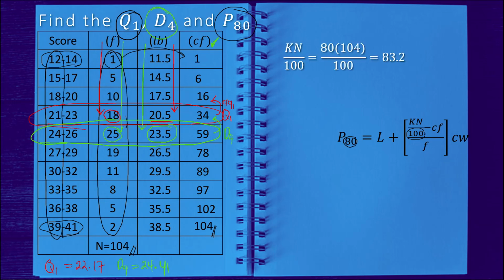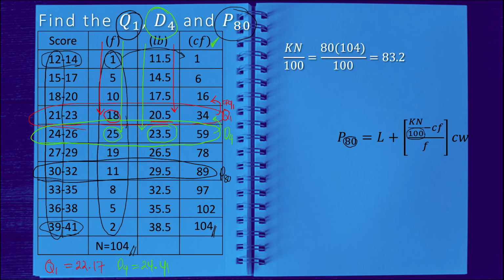Then, i-locate na natin siya using Kn over 100. Yung K natin is 80 times 104 divided by 100. That is 83.2. Sa nakabilong si 83.2 dito kay 89. The P sub 80.